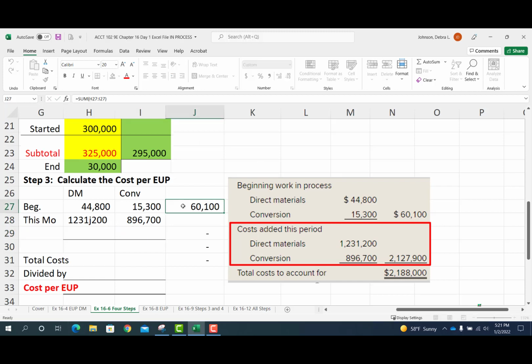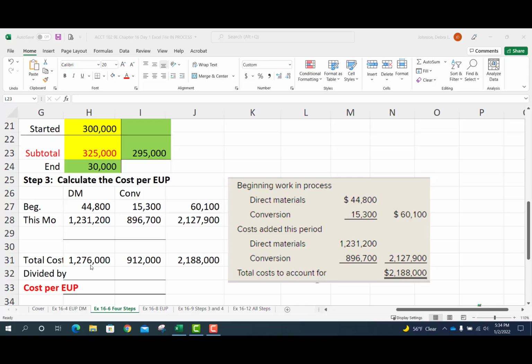It's always a good idea to foot and cross. We've accounted for all the costs coming in. Notice that we match the author's total here. You can also look up and check the T account up above. And our final step, if that's the cost of all the goods coming in, to calculate the cost for one unit, we need to divide by the number of units.